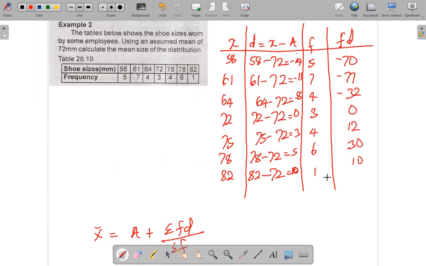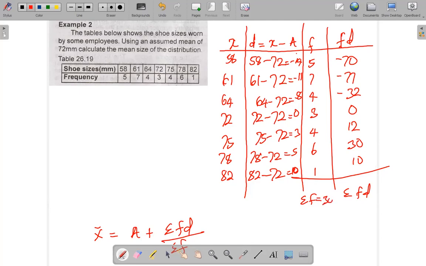We need to add all of these. 5 plus 7 is 12, plus 4 is 16, plus 3, 19, plus 4, 23, plus 7, 30.